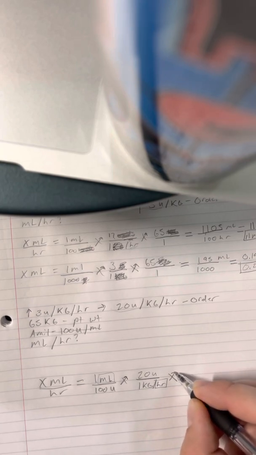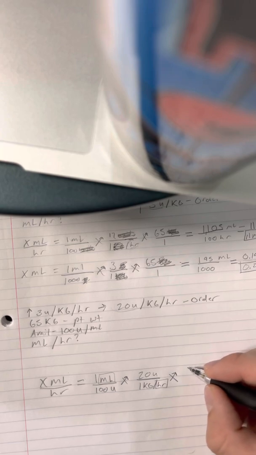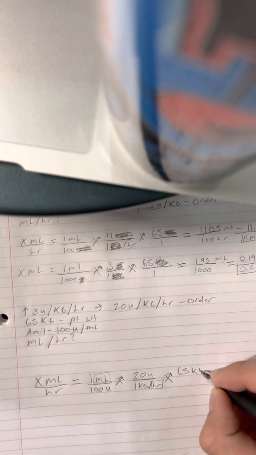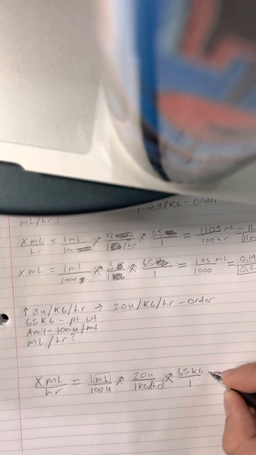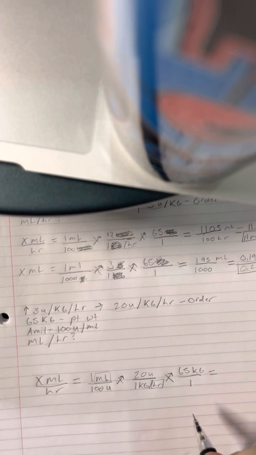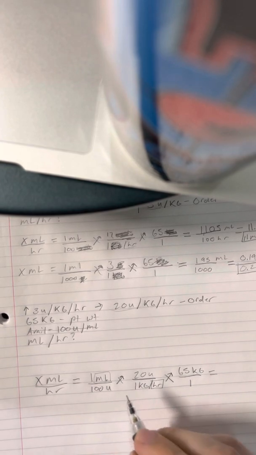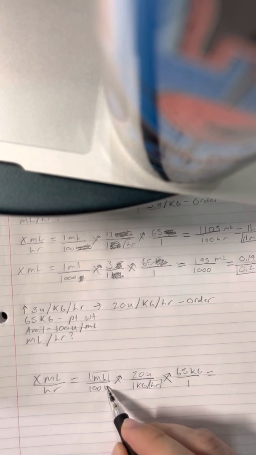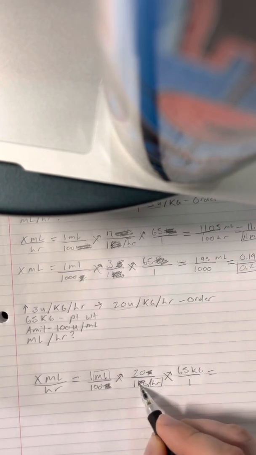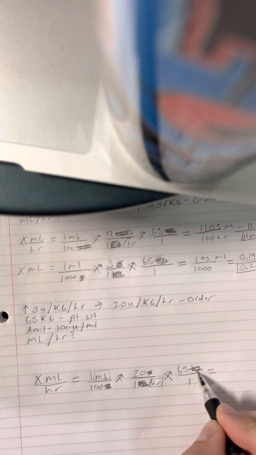Times, make it a little arrow. Again, we know that the patient's weight is 65 kilograms over 1 equals. So let's go ahead and get rid of all of our labels that we don't need. So we've got the units down here and the units up there. Got the kilograms down here and the kilograms up here.